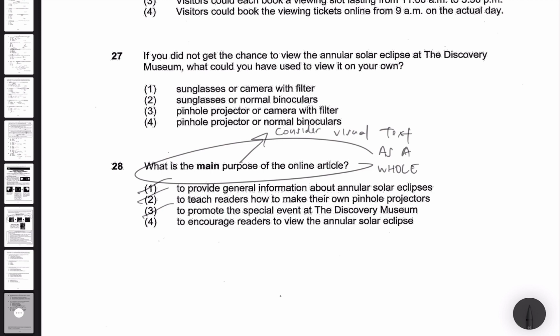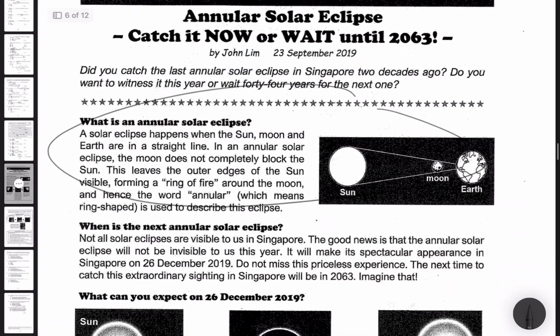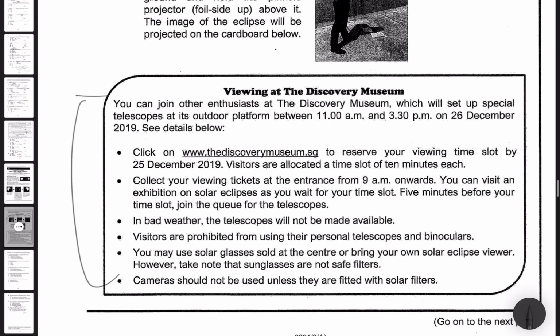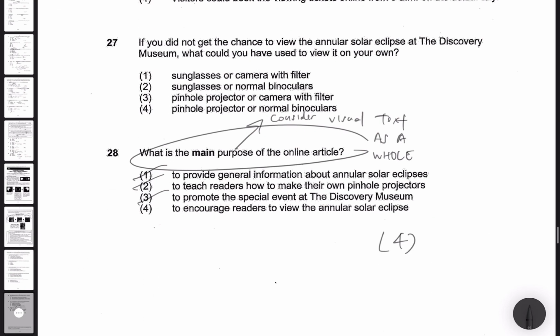What's the main purpose? It is to encourage readers to view the annular solar eclipse. Why? Firstly, you tell them what the annular solar eclipse is, and you tell them how you can even view it, right? And then you give more info about this viewing if you want to actually watch it. So ultimately, the whole article is to encourage people to view the annular solar eclipse. First by telling you what it is, then by telling you how you can do it and where you can do it. Okay?